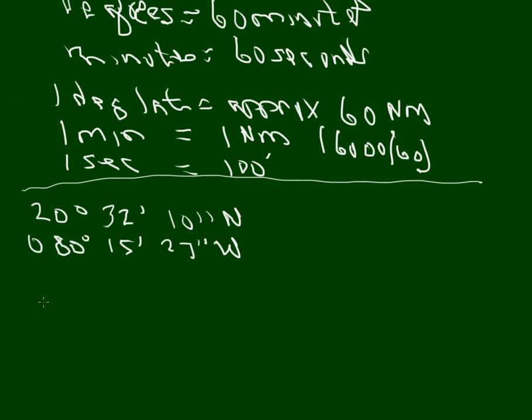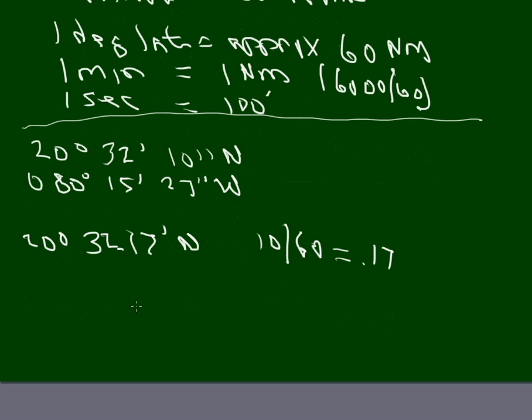So 20 degrees 32 minutes and 10 seconds north can also be expressed as 20 degrees 32.17 minutes north, and I got that because 10 out of 60 seconds, rounded to the nearest 100ths, equals 0.17.